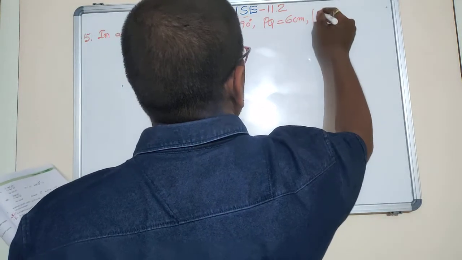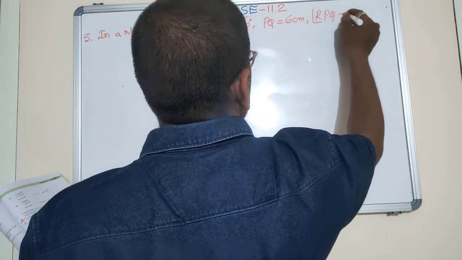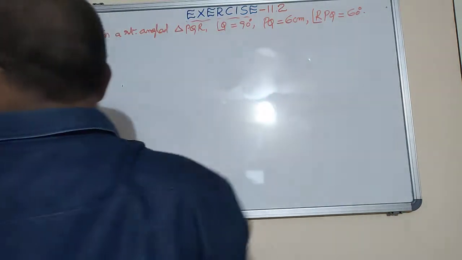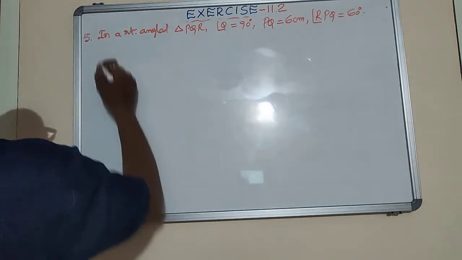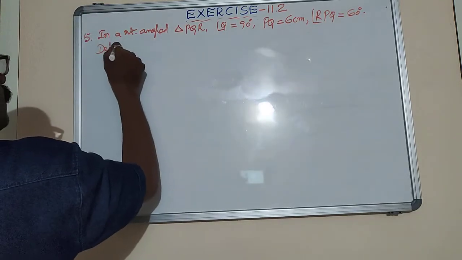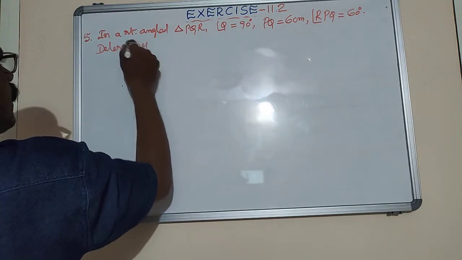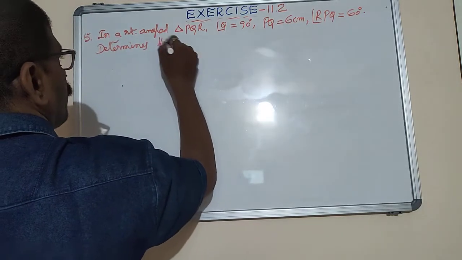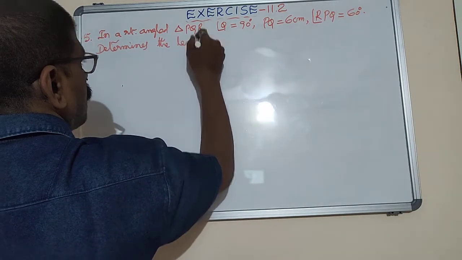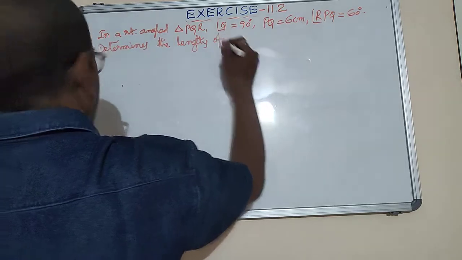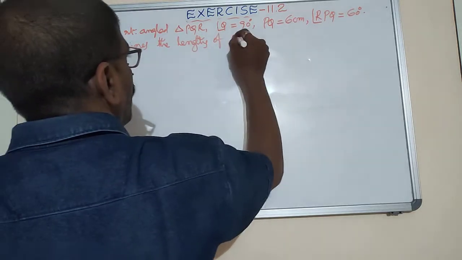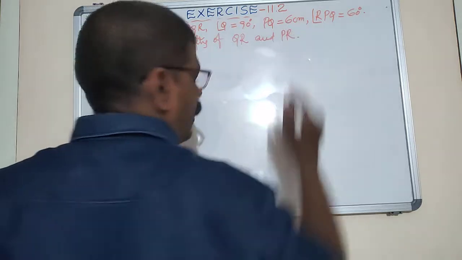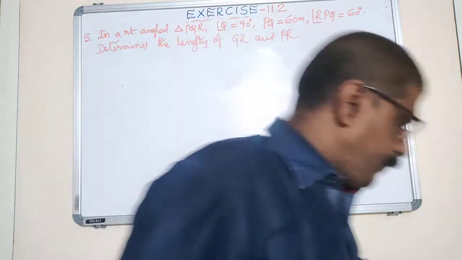Angle RPQ equals 60 degrees. Determine the lengths of QR and PR. That is the fifth question.